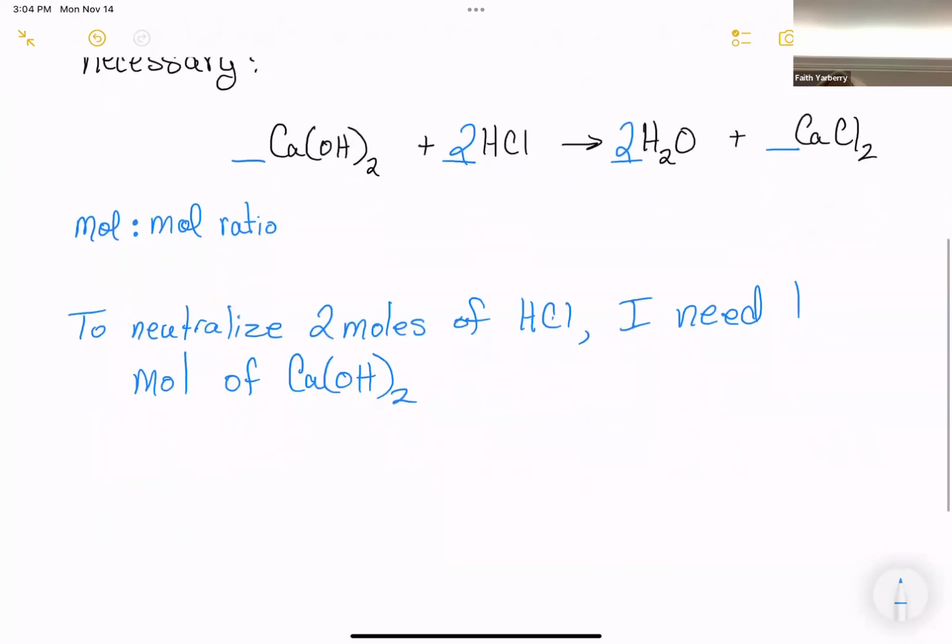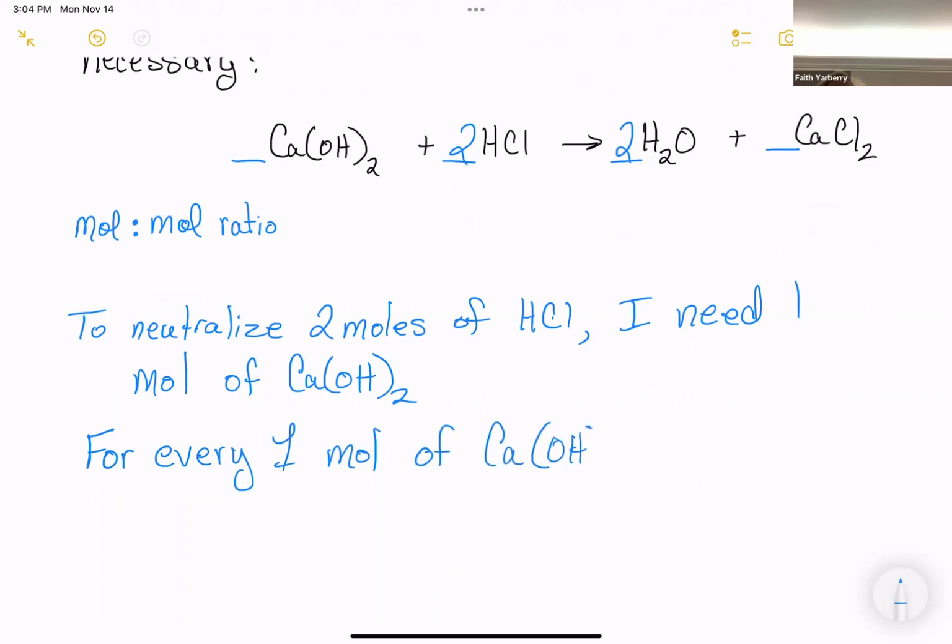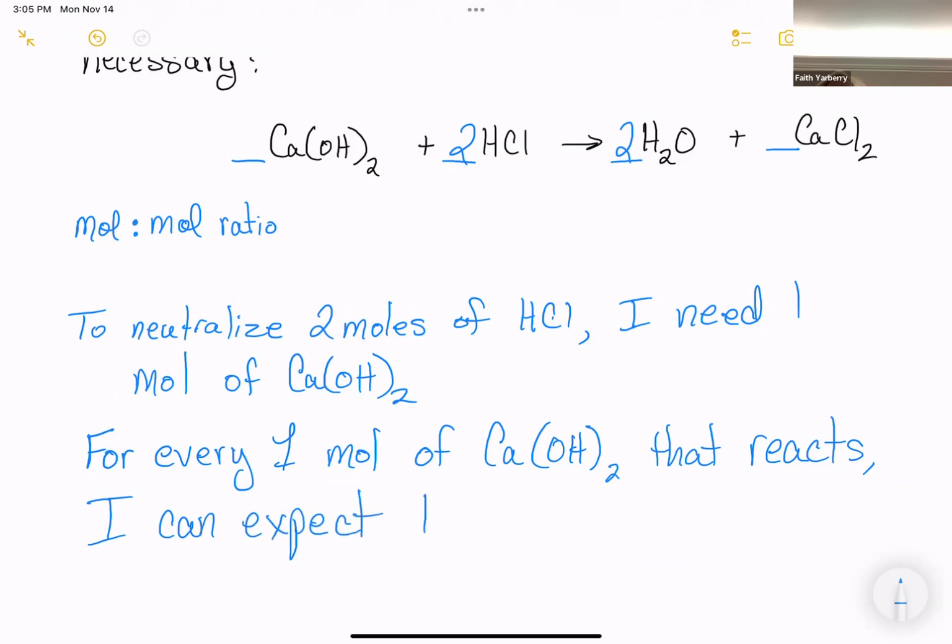Or it can be read as, for every 1 mole of calcium hydroxide that reacts, I can expect 1 mole of calcium chloride to form.